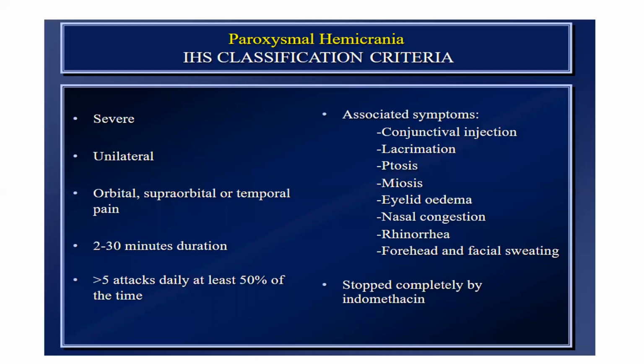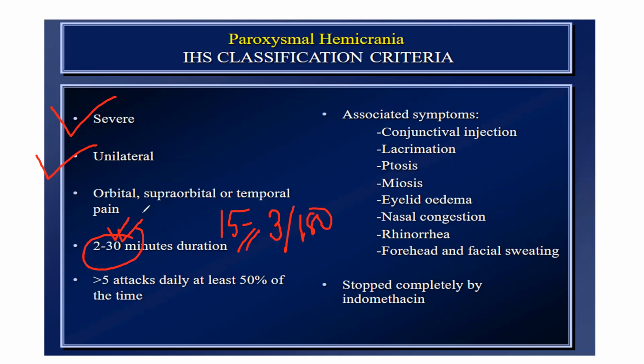If we check the classification criteria, there will be a severe unilateral headache. The duration is very short, as you can see, 2 to 30 minutes. In cluster headache, it is at least 15 minutes to 3 hours, or 180 minutes. The lowest variety of cluster headache at 15 minutes is almost the upper limit of paroxysmal hemicrania.